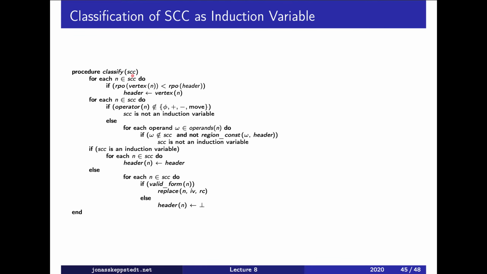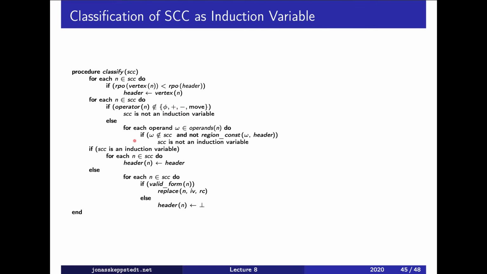Okay, so we do that first, and then we check if this strongly connected component has an operator which is none of this, in which case it's not an induction variable.